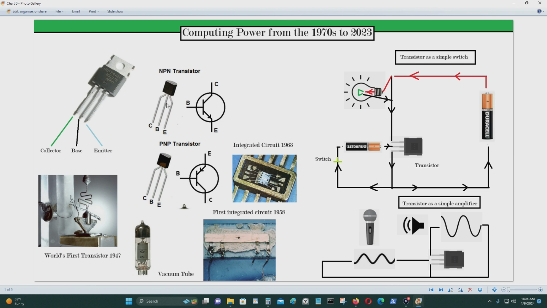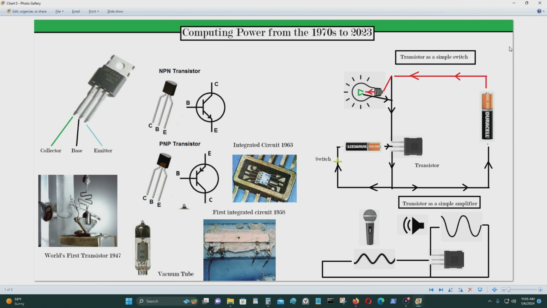So depending on which type of transistor that you have, the flow of electrons either goes into the base, like in this one, or it goes from the transistor, from the circuit to the base. So it goes in either direction, basically.